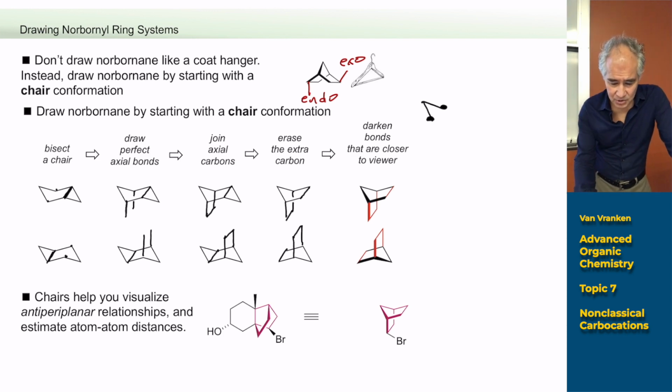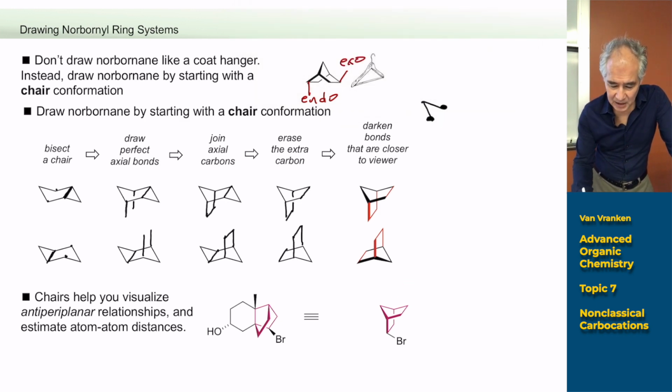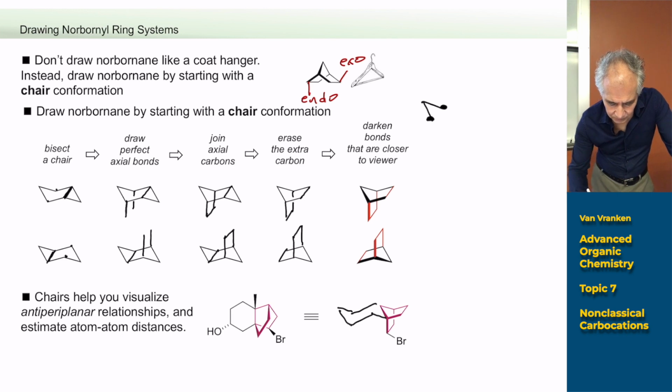So because I chose to draw this Norbornyl ring system down here as a chair, it's easy for me to fuse another chair onto there. Watch this. I'm going to fuse another chair so that I can pay attention to what this other ring system looks like. The true structure of this has an axial methyl group sticking up. It has this Norbornyl ring system. And when I draw this hydroxyl group going down, it should be quite clear to me that there's no problem for that to reach over and displace that.